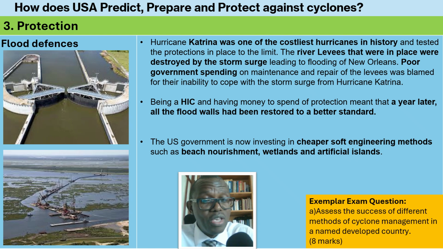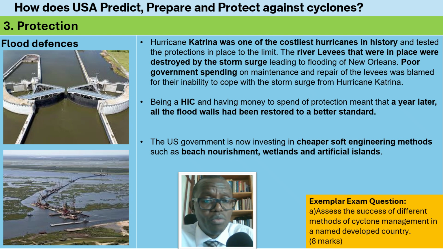But then if you are talking about Hurricane Katrina, you'd say that a criticism, however, is that the government had not spent enough money maintaining and repairing those flood defenses before Hurricane Katrina took place. And that could be a reason why they got breached or damaged during Hurricane Katrina.